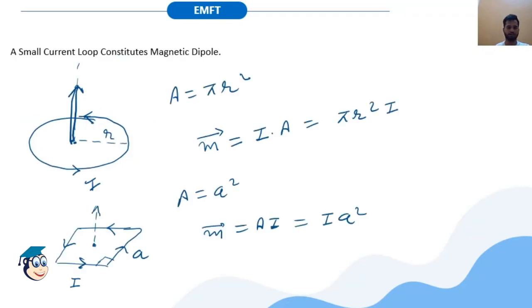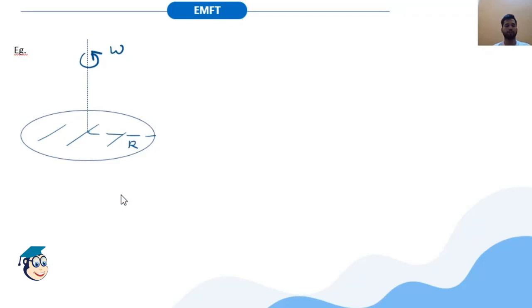Before that, let me tell you a fact about magnetic moment. This magnetic moment is in this direction and denoted by m vector.